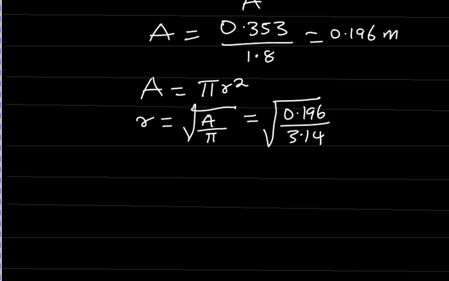So find the square root of 0.062. That is 0.24 approximately. So the radius is 0.24 meter. I hope that is well understood.